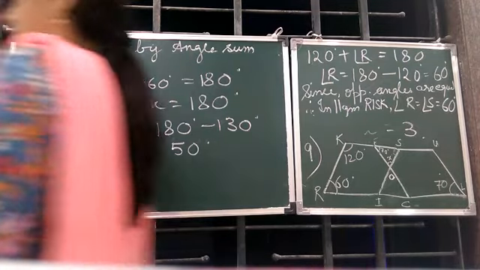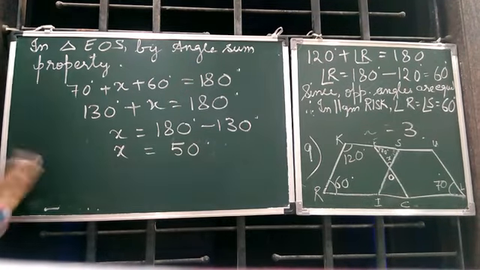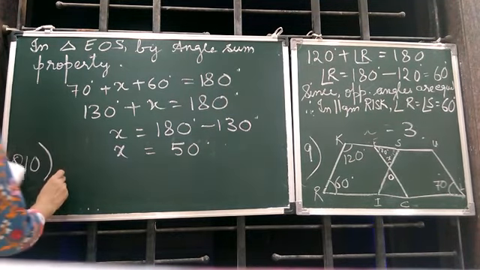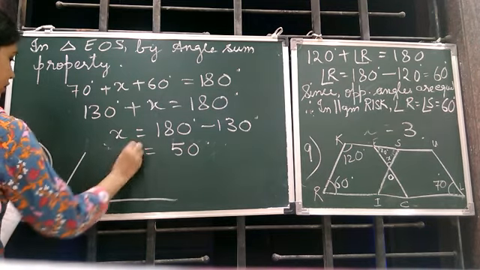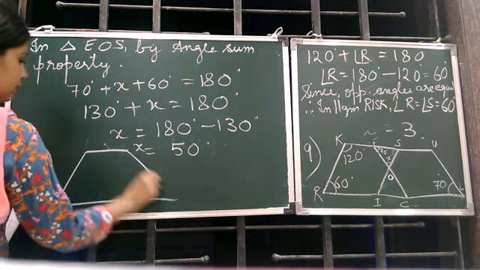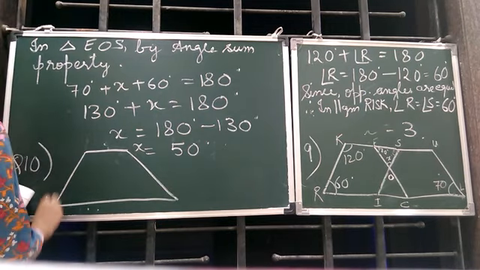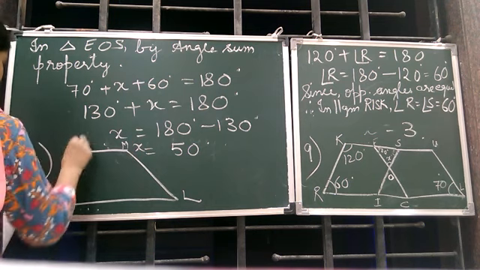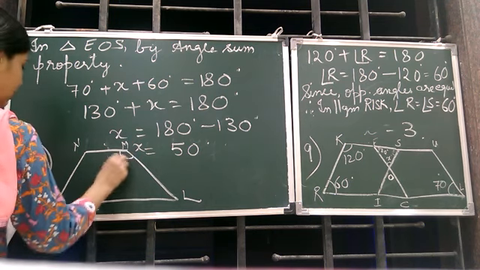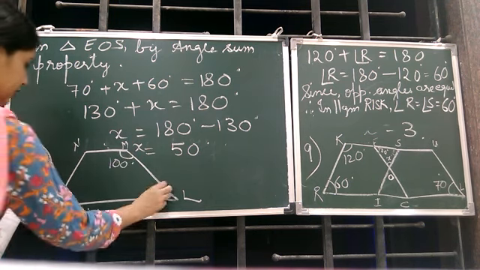Figure is a trapezium. Let me make a figure, children. Something like this. This is K, this is L, this is M, this is N, this is 100 degrees, this is 80 degrees.